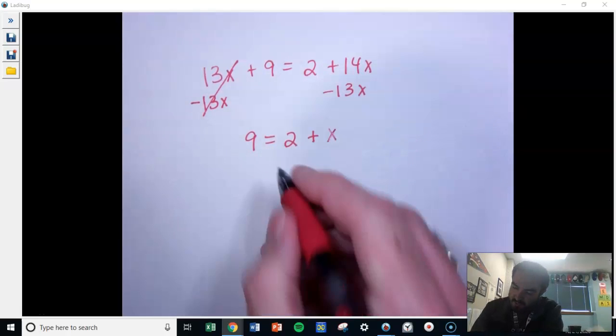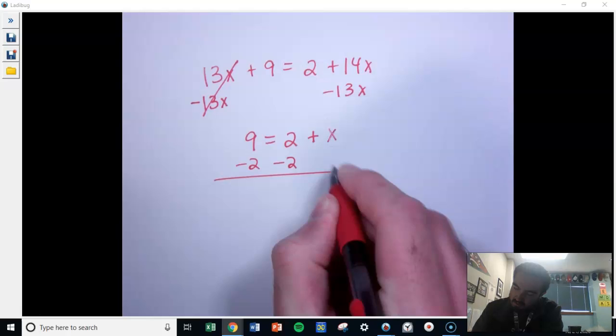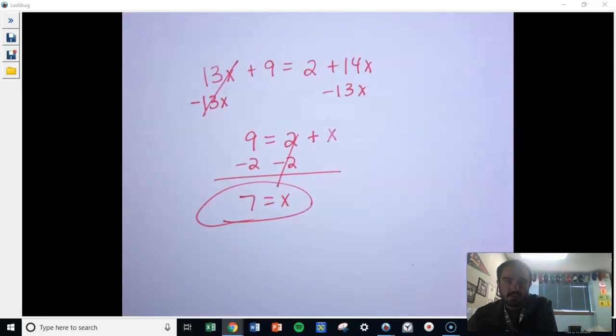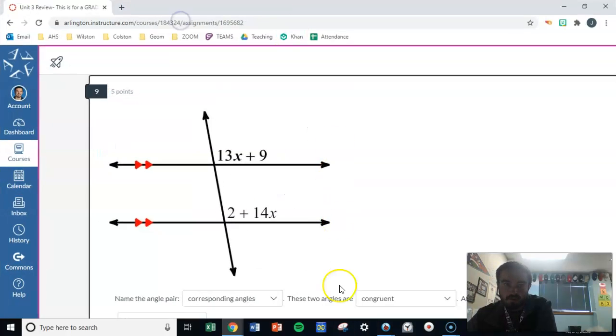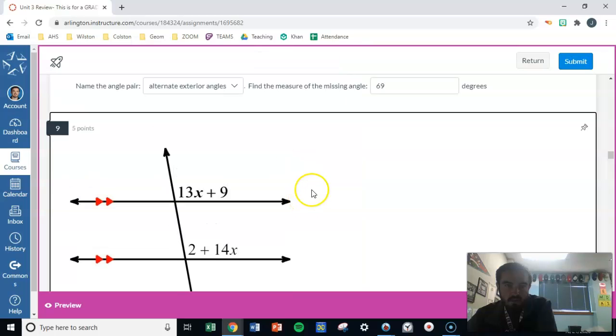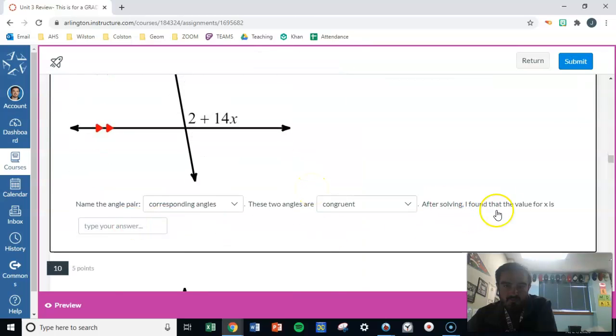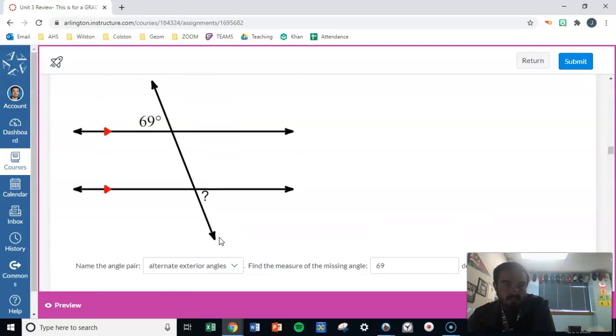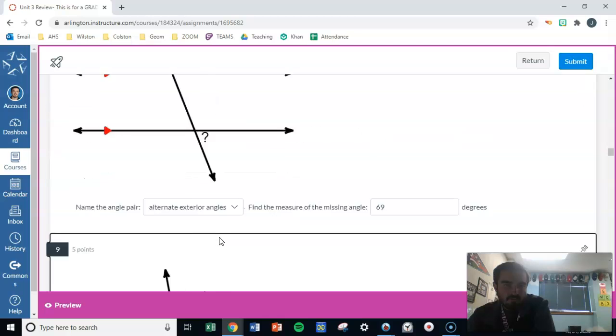To get rid of the 2, I would subtract 2 on both sides. 7 equals x. All right. So if you go back to your problem, let's bring that problem back over here. Our question was, after solving, I found that the value of x is 7. Okay. Congruent angles.